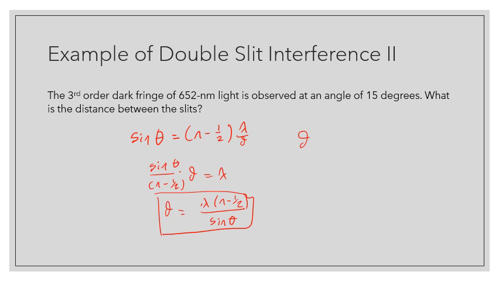So d is equal to 6.52 times 10 to the negative 7, so we converted it out of nanometers, times 2.5, which is the 3 minus a half, and all this is over sine of 15. So the distance between the two slits comes out to be 6.3 times 10 to the negative 6 meters.